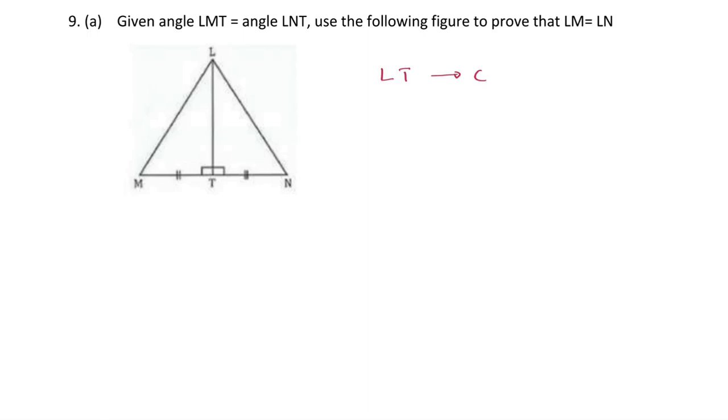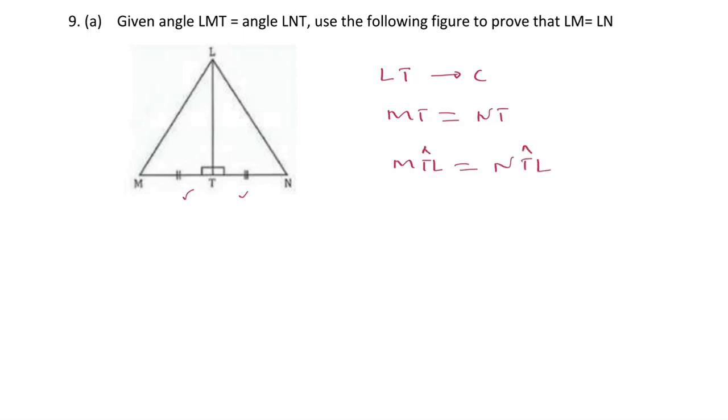Then we can conclude that side MT equals side NT. And also, we can see that angle MTL and angle NTL are both right angled. So we can conclude that angle MTL equals angle NTL.